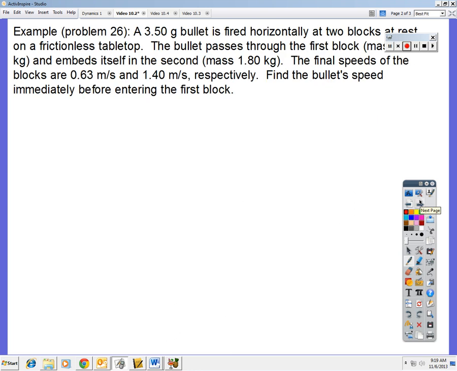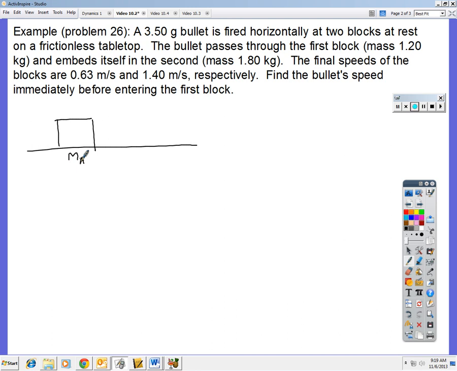So for our example, let's say that we have a 3.5 gram bullet fired horizontally at 2 blocks at rest on a frictionless tabletop. So our initial condition is you have block A, which is stationary, and block B, which is also stationary, and a bullet of mass m moving with speed v. The bullet passes through the first block and then embeds itself in the second block.